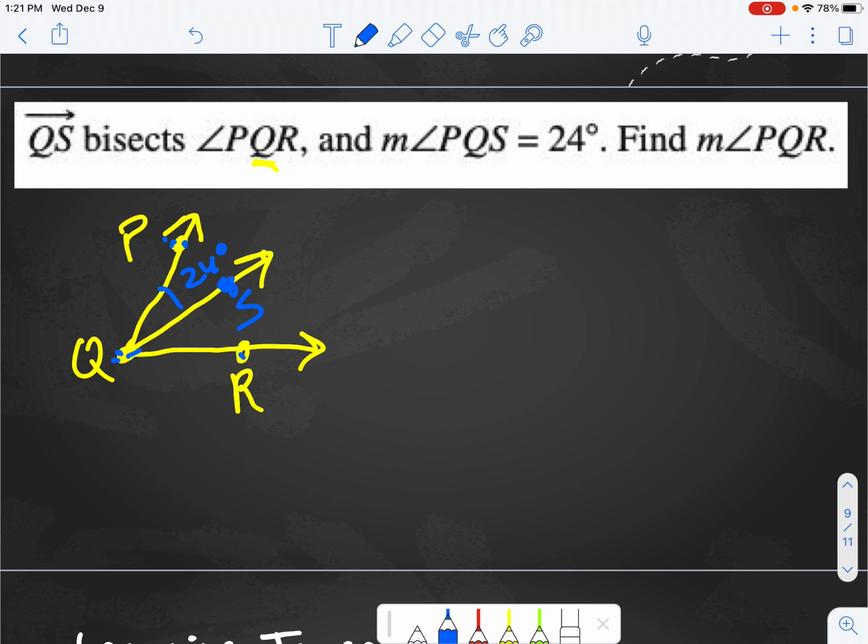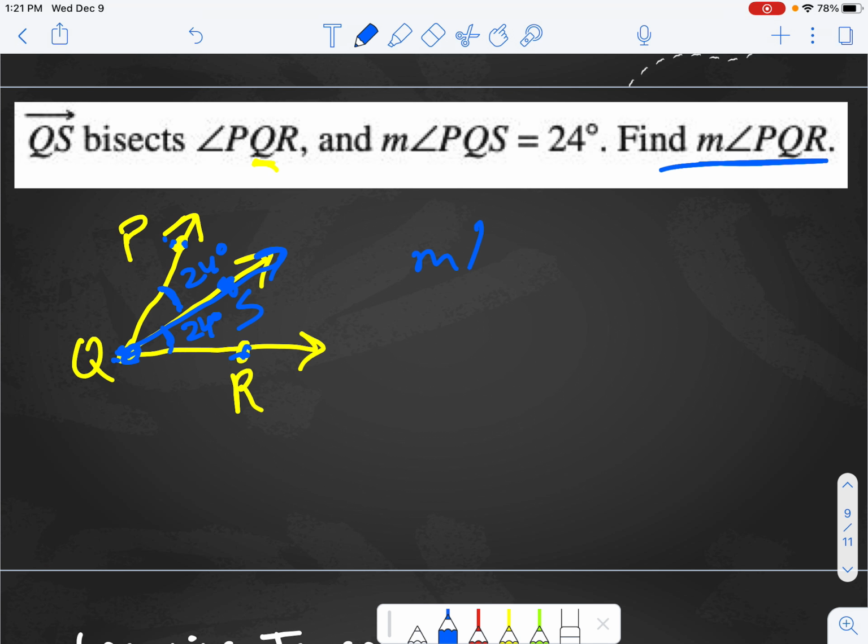Well, like I said, QS bisects PQR, the whole thing, and if this equals 24, by definition of a bisector, this also has to equal 24, because that bisecting ray split it right in the middle.